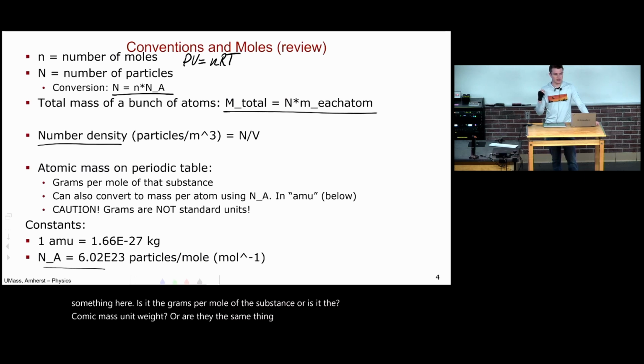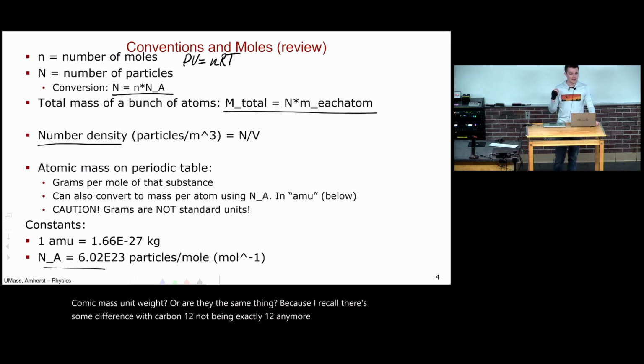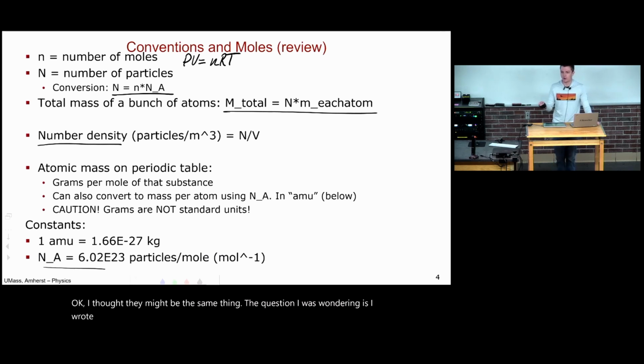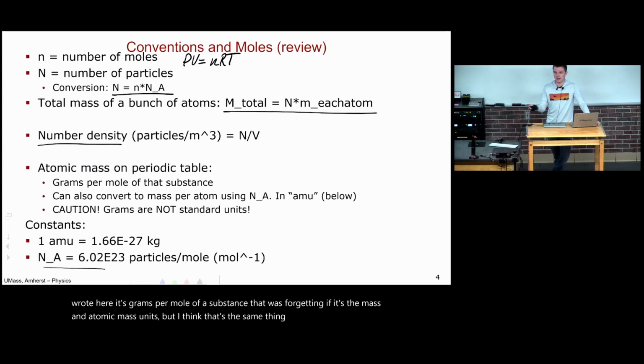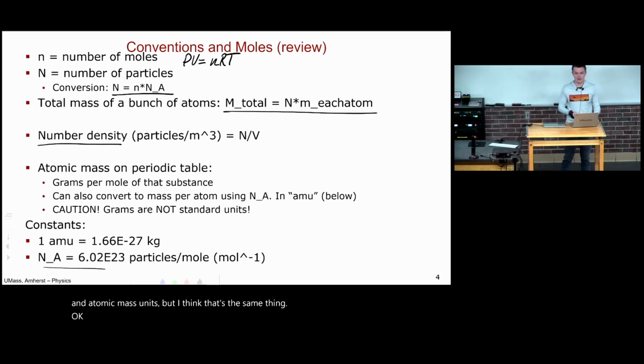Because I recall there's some difference with carbon-12 not being exactly 12 anymore. Okay, I thought they might be the same thing. I wrote here it's grams per mole of a substance, but I was forgetting if it's the mass in atomic mass units, but I think that's the same thing. Okay, I'm going crazy. I haven't done chem in quite a while, in case you couldn't tell.